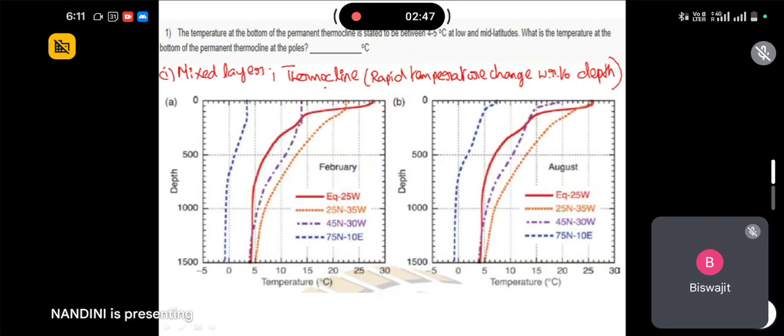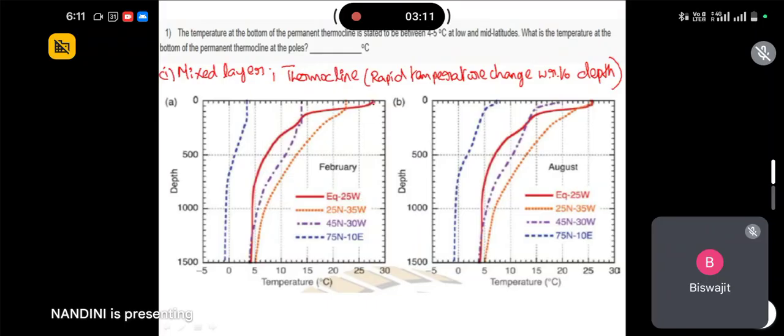If you look at this figure, this is during different seasons. This is during winter. If you look at the red line, the mixed layer is the layer where the temperature and salinity values are almost constant with respect to depth.